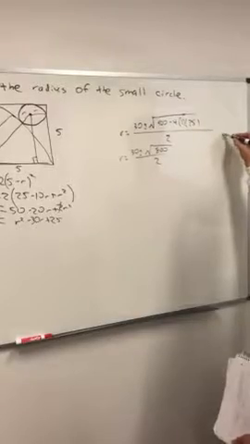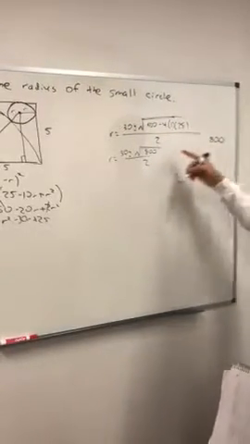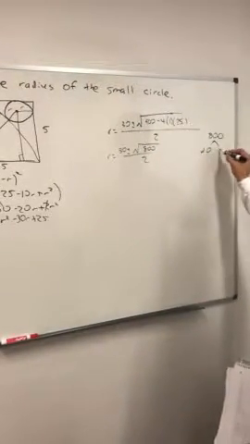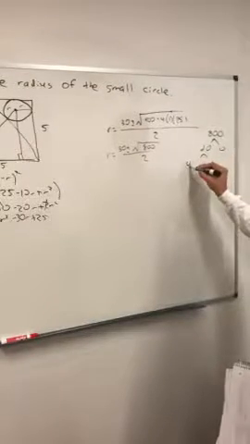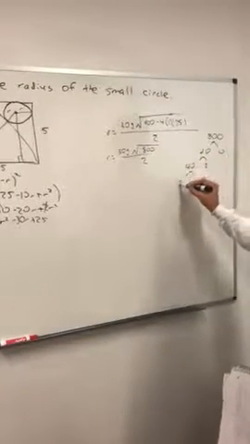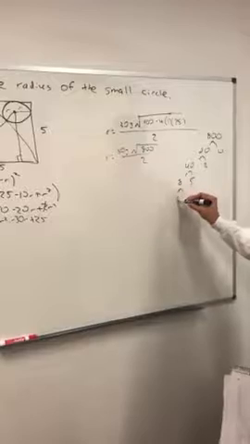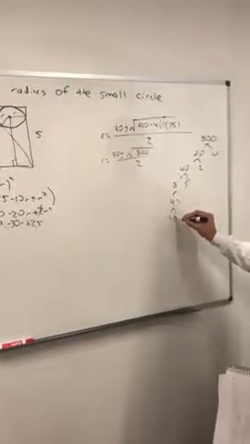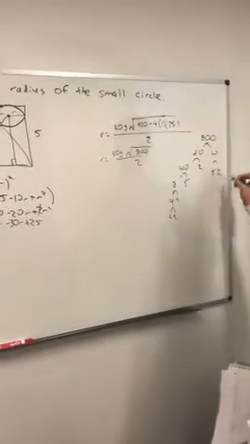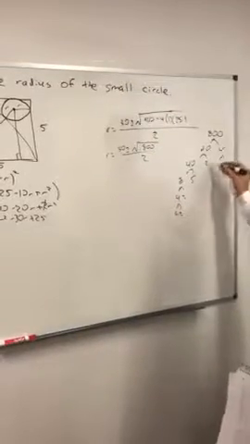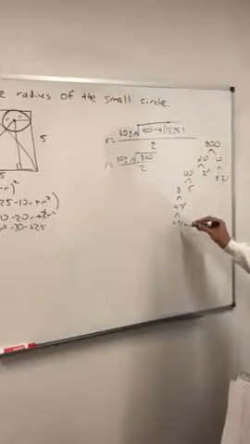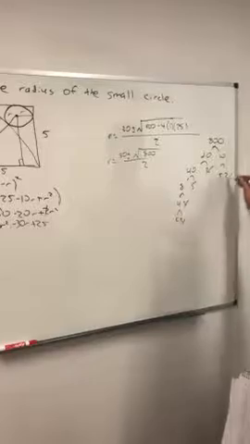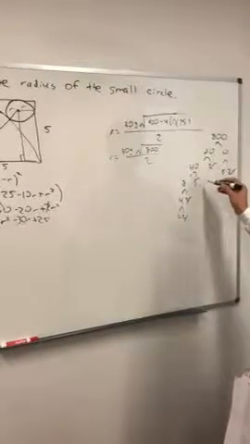800, you can simplify that further. 800 is 400 times 2, so the square root of 800 is 20 root 2.